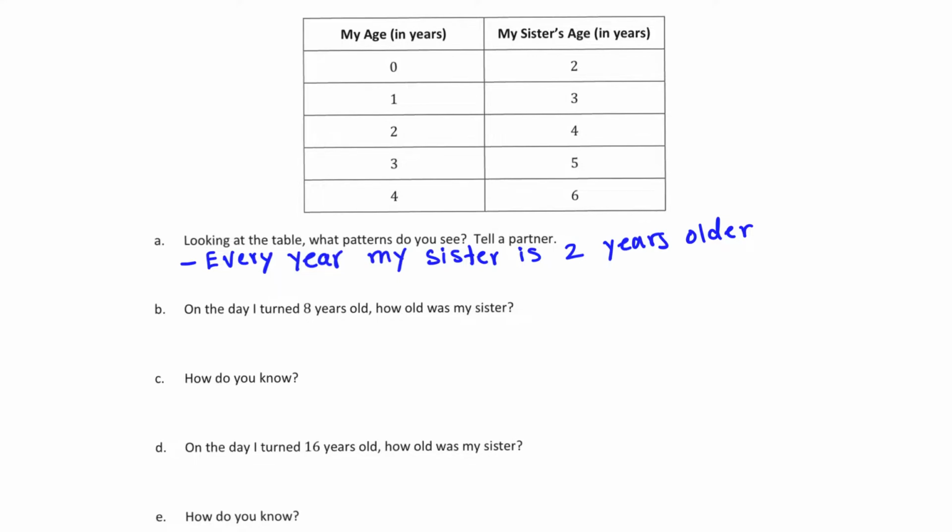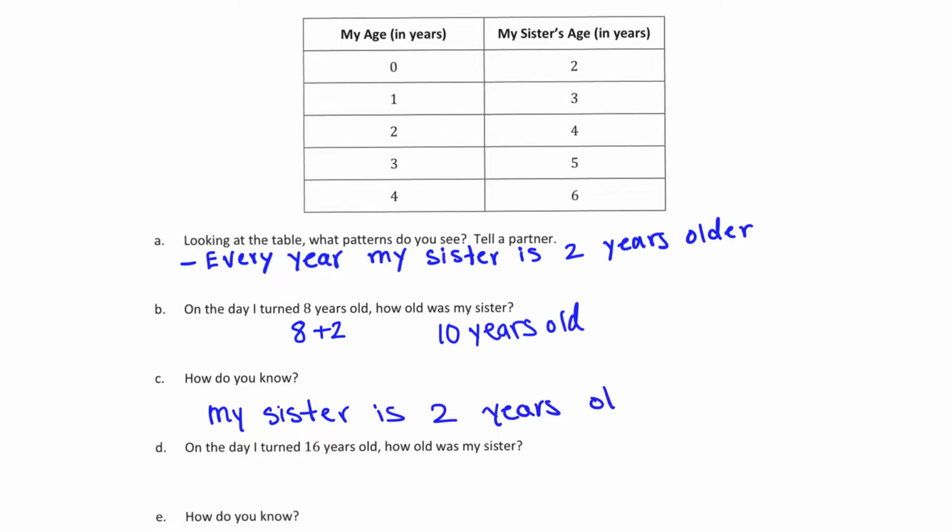So you can say, well, if I'm 8 and my sister's always 2 years older, then my sister has to be 10 years old. How do you know that? My sister is 2 years older. That's how you know that. And this is why you add the 2. Or you can just say 8 plus 2, right?